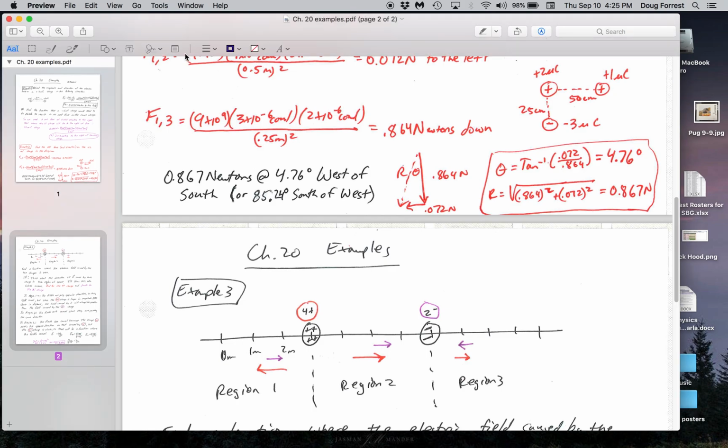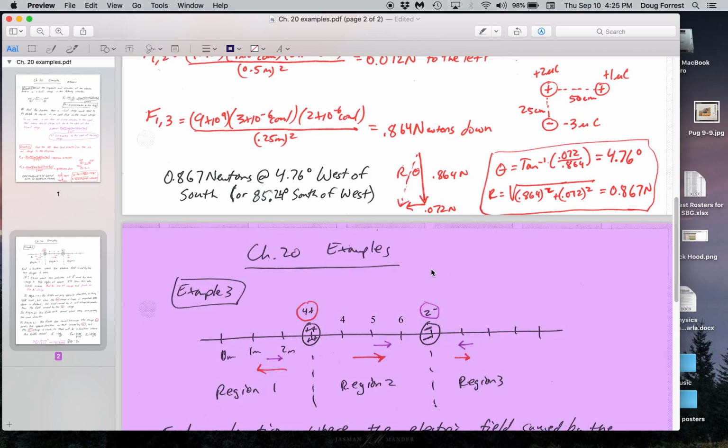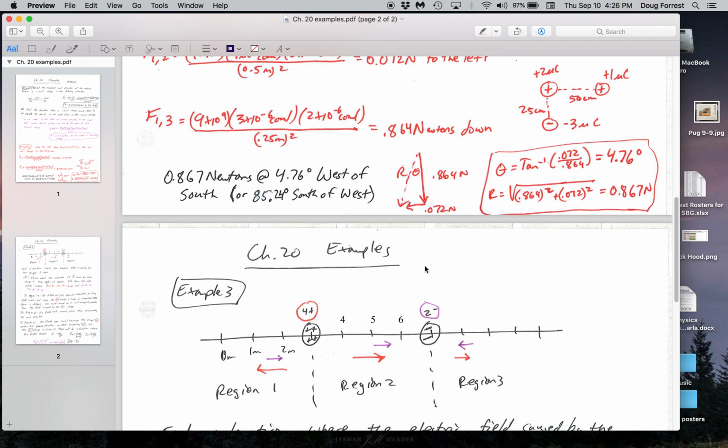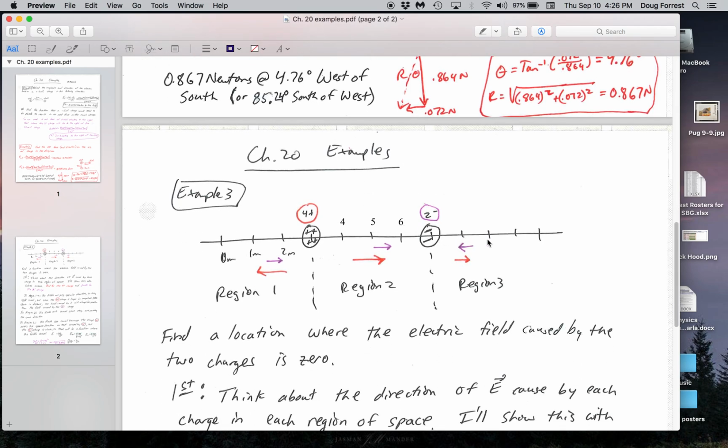I'll use a text box and put those on top of there, so at least we know where they are. 7, 8, 9, and so forth.